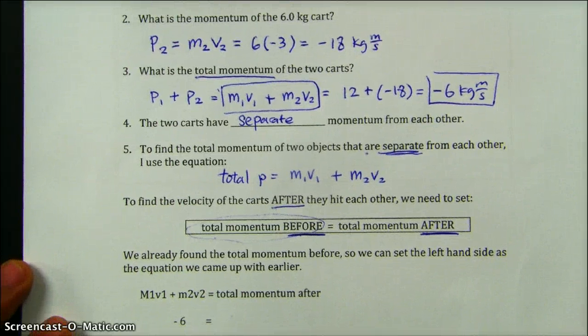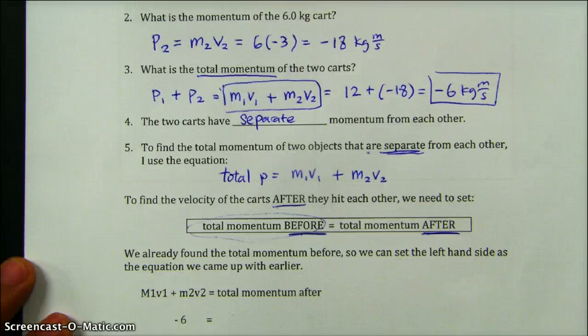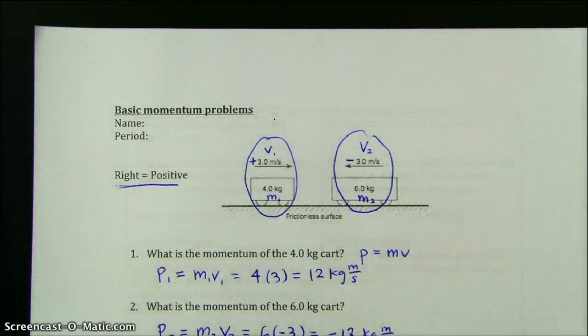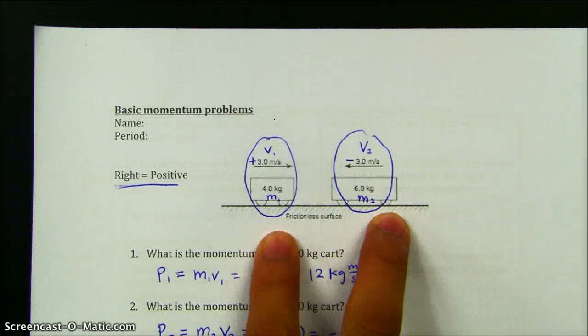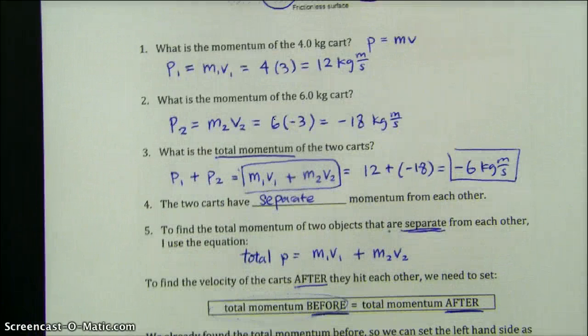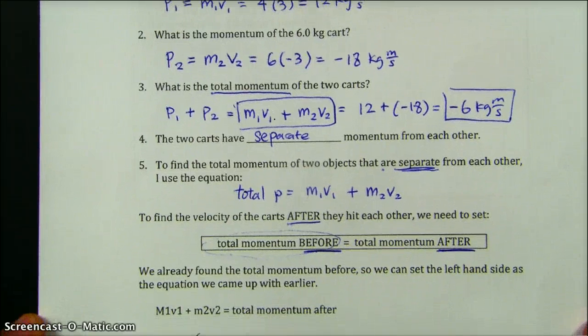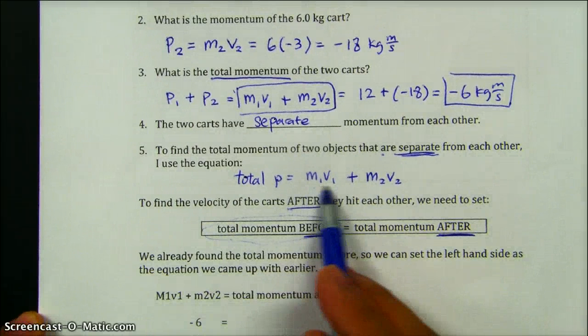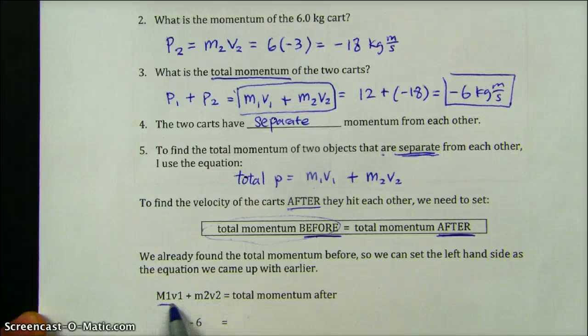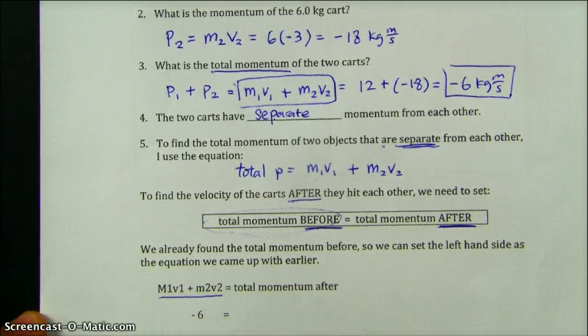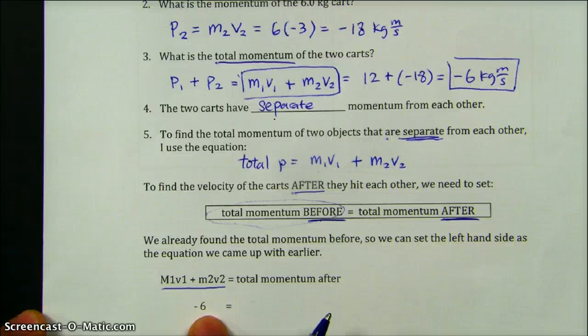Now, we already found the total momentum before, so we can actually just set this left-hand side as the equation that we came up with earlier. If before the collision, the 2 carts or the 2 objects are separate, as in they're not stuck together, then we can just set the left-hand side of the equation as that equation that we found, m1 v1 plus m2 v2, which we already found was -6.